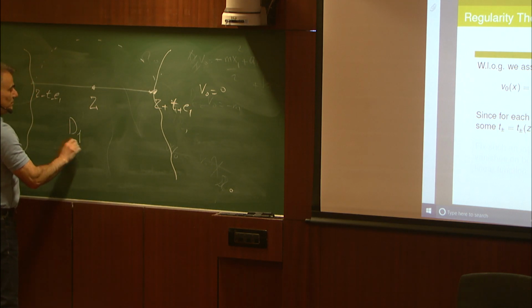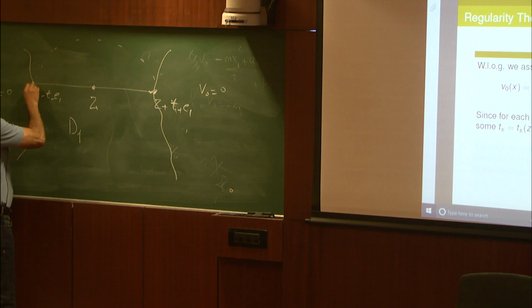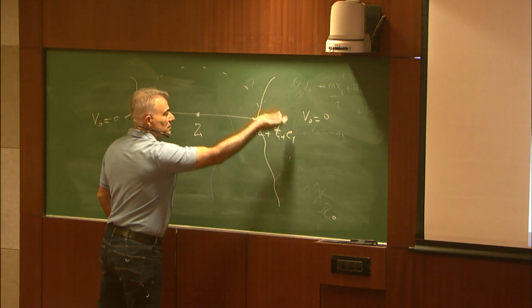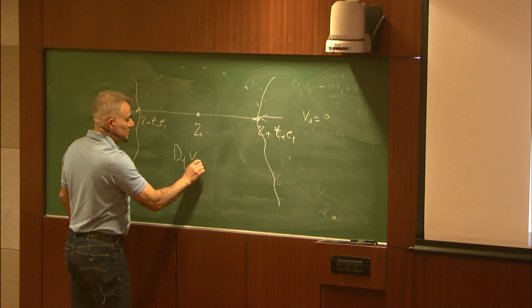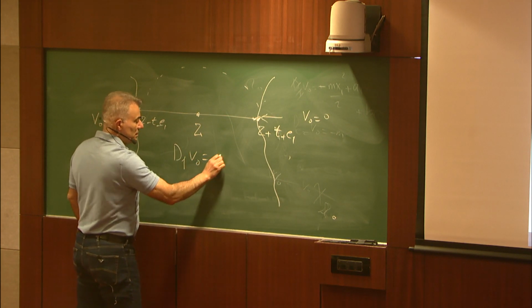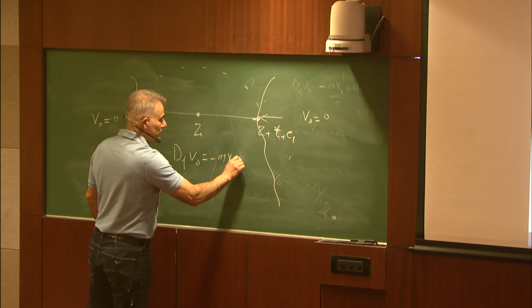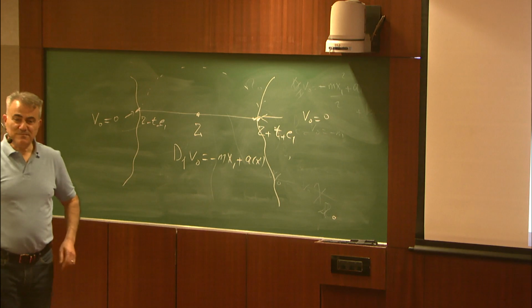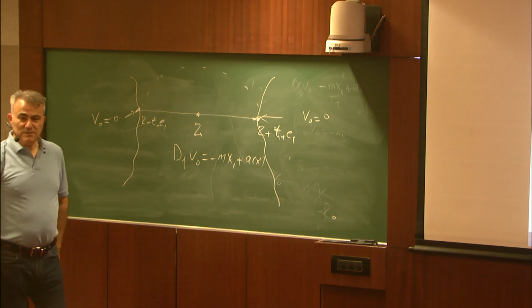But now, d1, my function is 0 here, it's 0 here, and also in the rest of the set. And this function looks like minus m x1 plus a of x prime. That's the derivative. You have such a function.